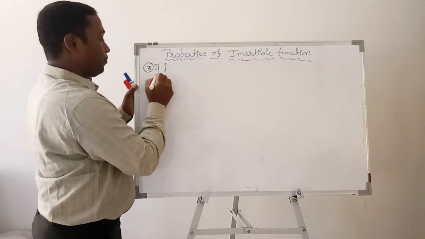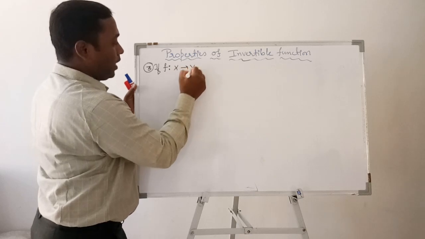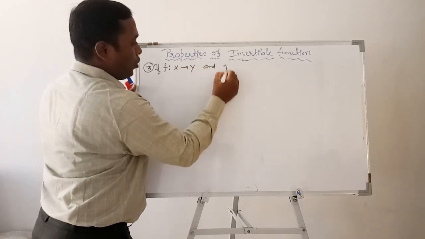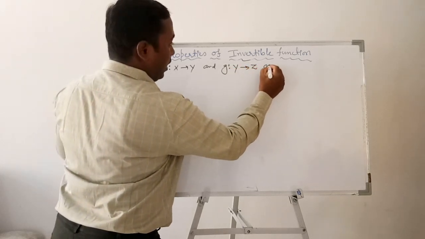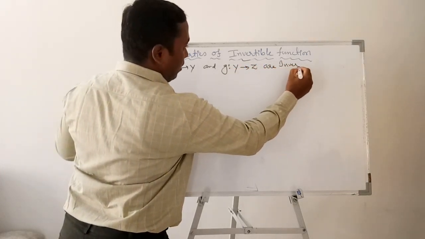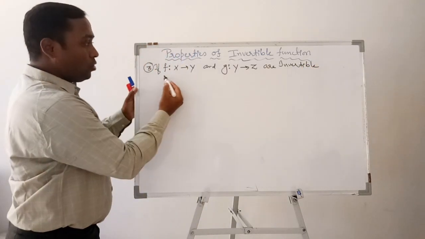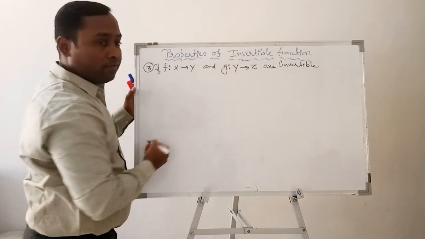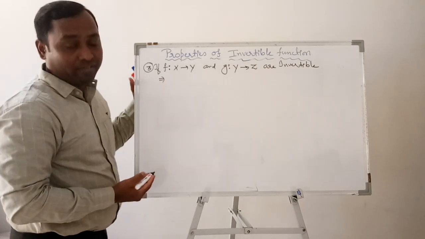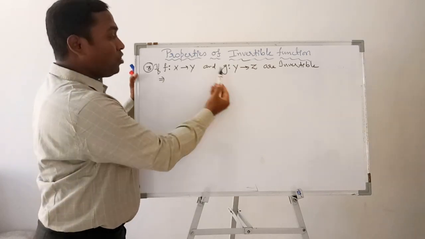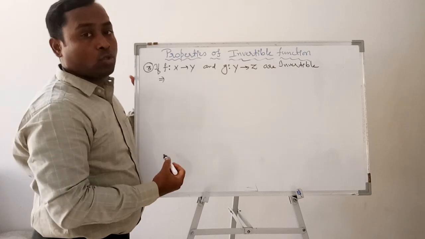If f is a function from x to y and g is another function from y to z, and these two functions are individually invertible, then their composition is also invertible. I repeat, f and g both are invertible functions, then their composition is also invertible.